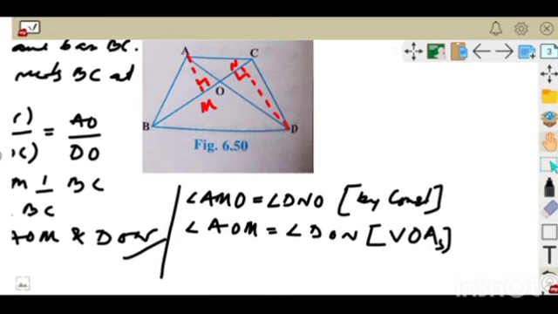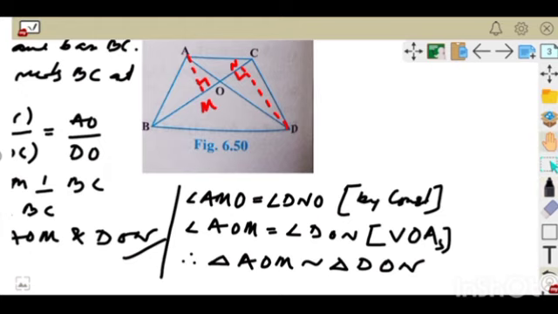Therefore, I can write triangle AOM is similar to triangle DON. We have done this.